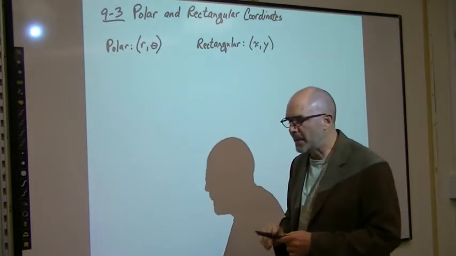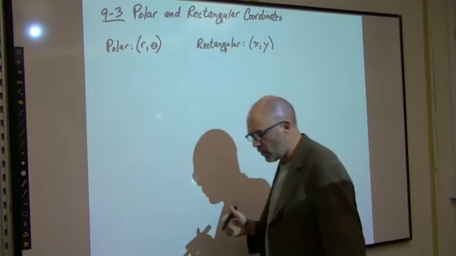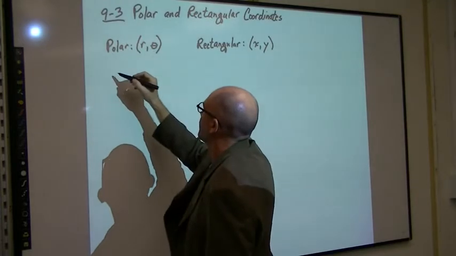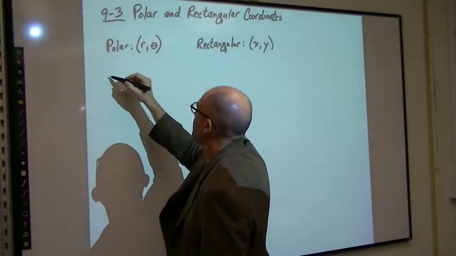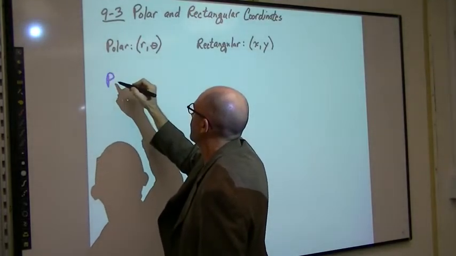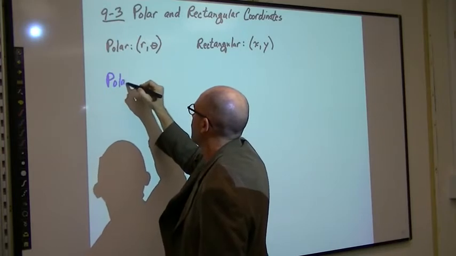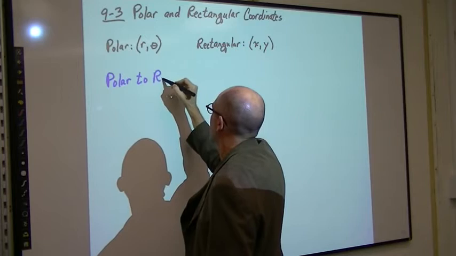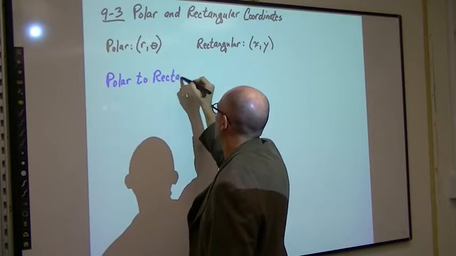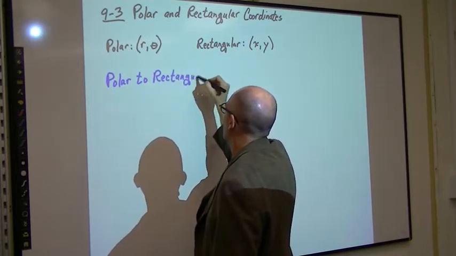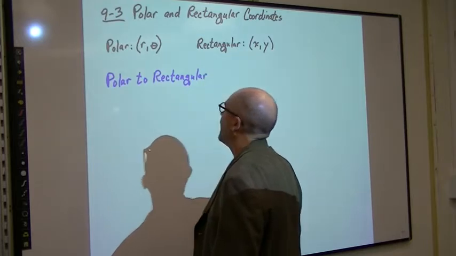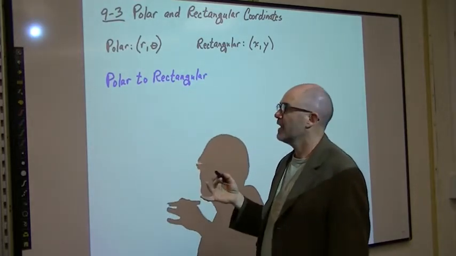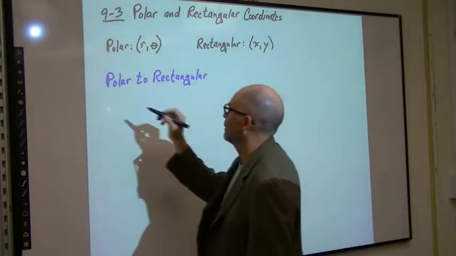So let's get the basic formulas that you're going to need to know. And you really already know them. So if I have polar coordinates and I want the rectangular coordinates, then here's how I do it.